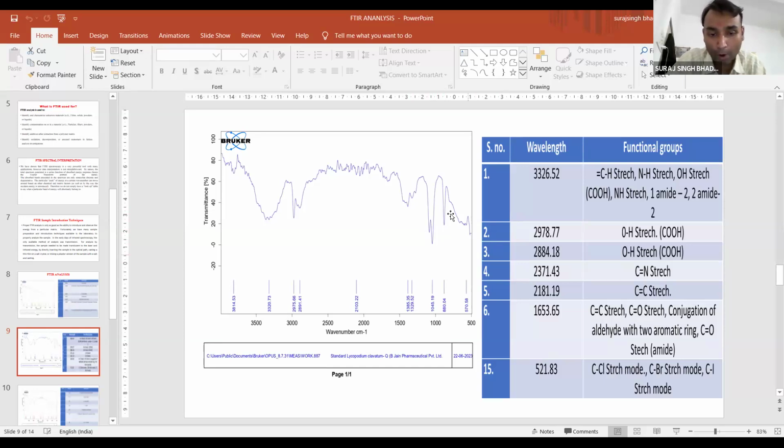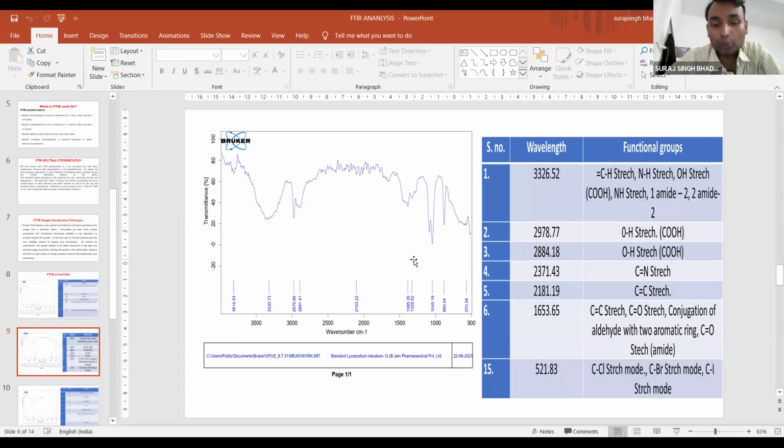So this type of analysis is generally used for the FTIR. Here you can see n number of peaks. Generally, it is very difficult and very vague unless you have this type of analytical and spectral interpretation.